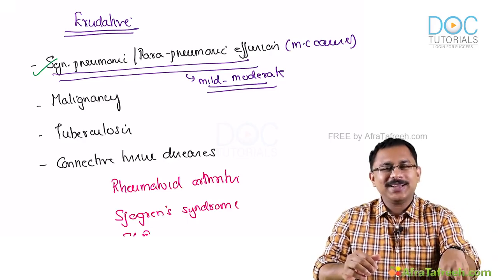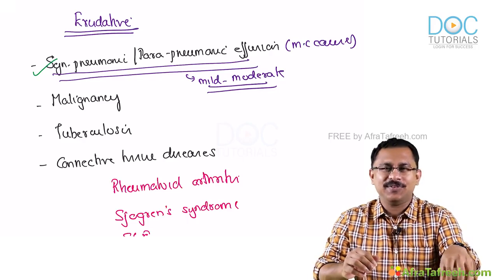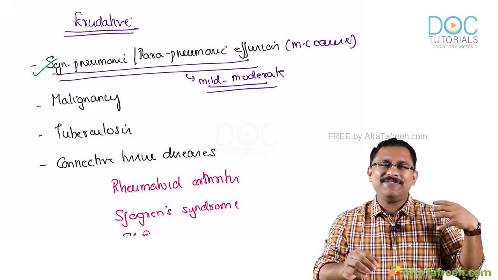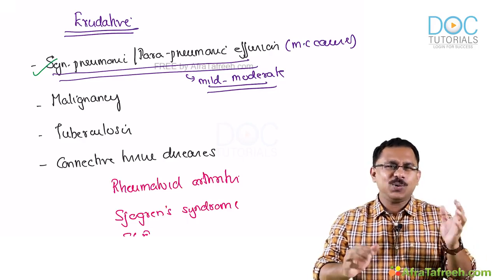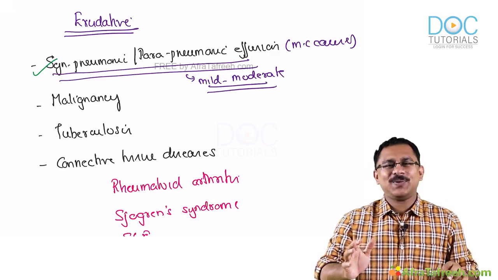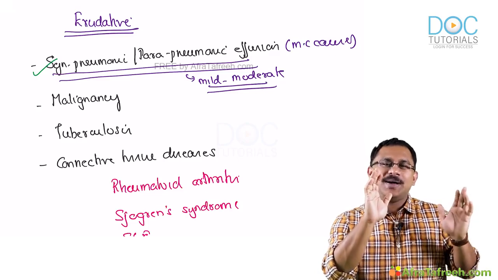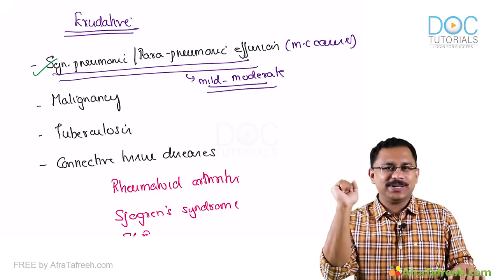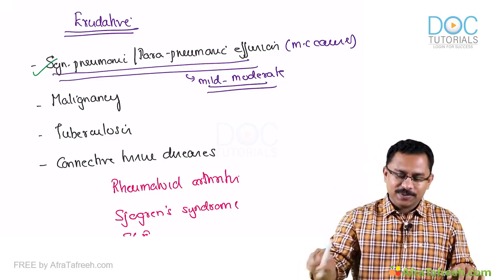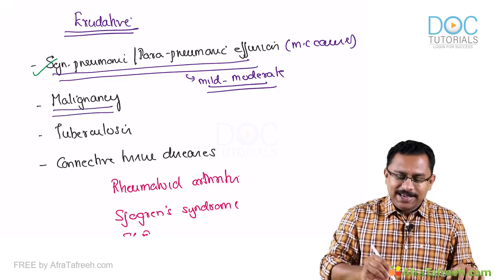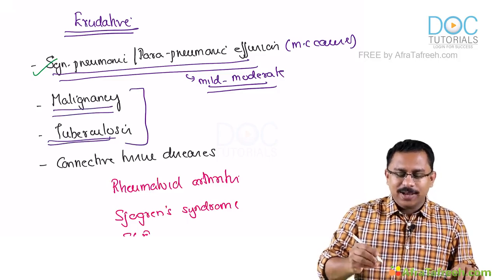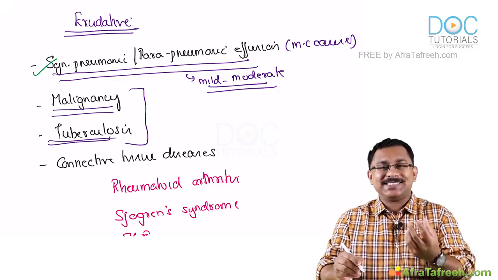So if you see a patient who is clinically suspected of pneumonia and has a massive effusion, do not think that this is matching. There is some problem, because a pneumonic effusion usually produces a mild to moderate effusion, never a massive effusion. Whereas malignancy and tuberculosis are very well known to produce massive effusions.